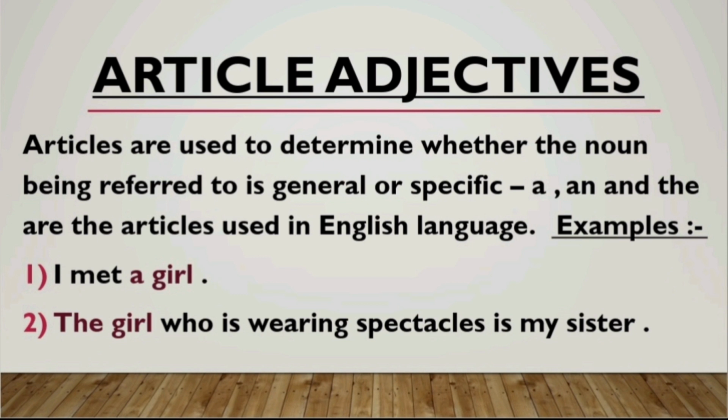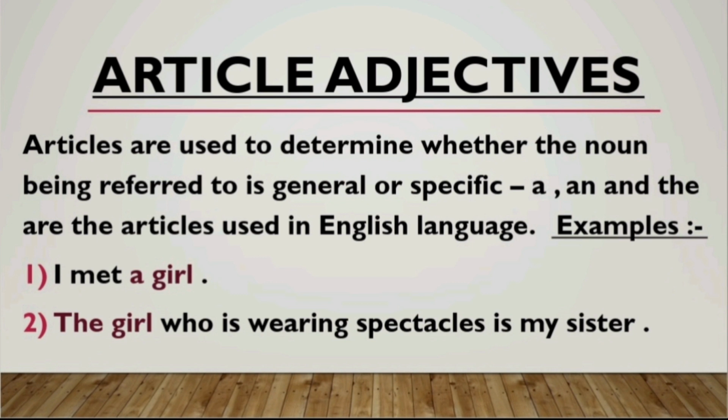So therefore articles are used to determine whether a given noun in a sentence is specific or general, right? Have a look at the examples and while comprehending them, I'll explain what's the difference when we shift from the general usage of article adjectives to its specific usage.